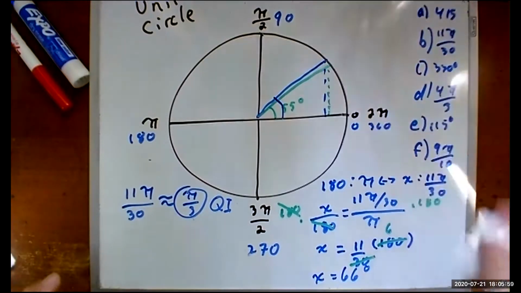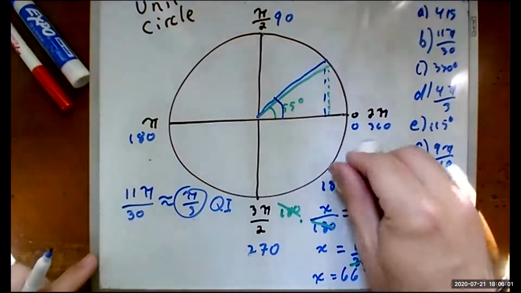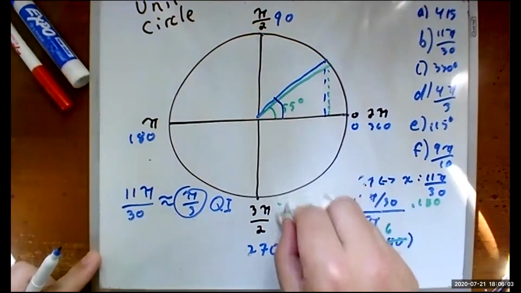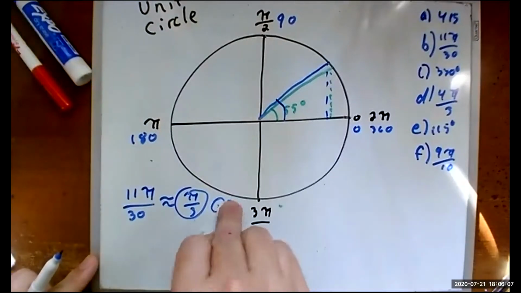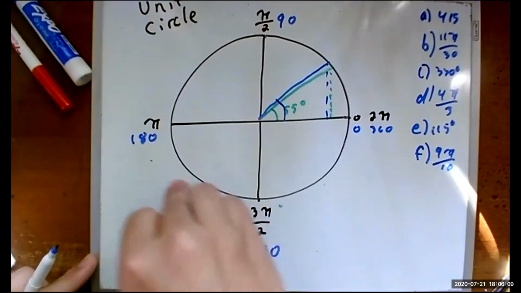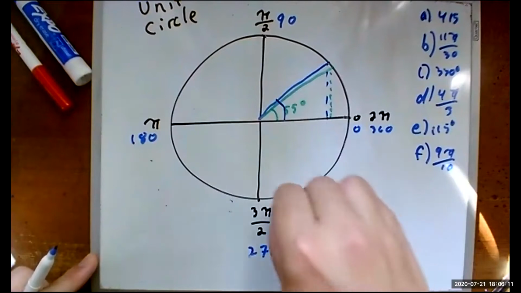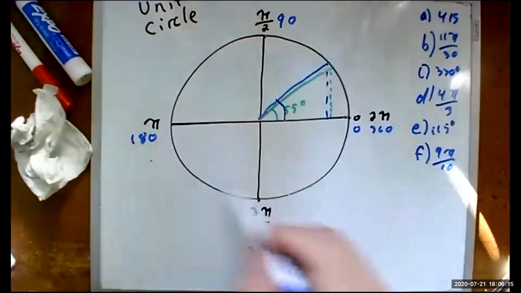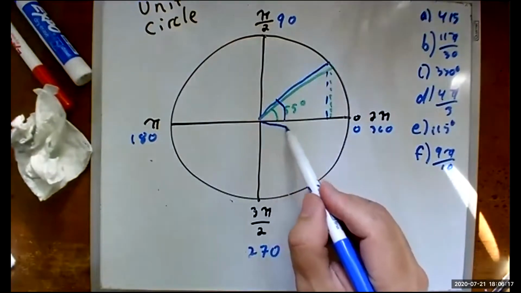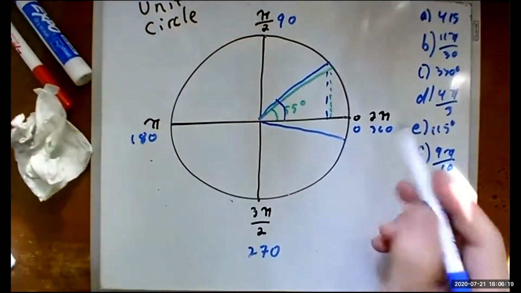We do the same thing going through all of this. I'm going to clean out some of this extra writing. Basically, your process the whole way through. 330, we come all the way around. We are there-ish.